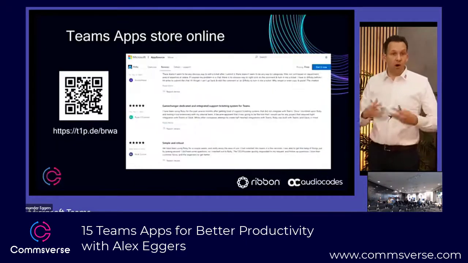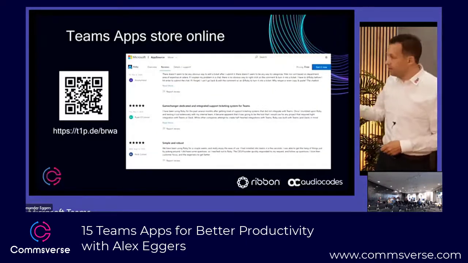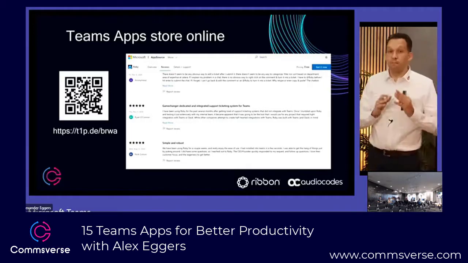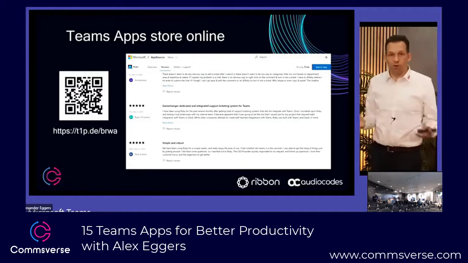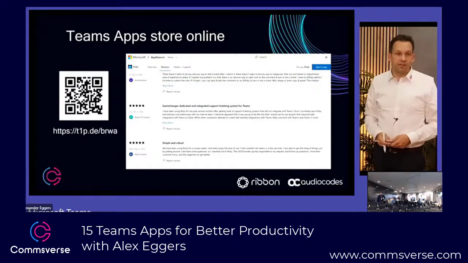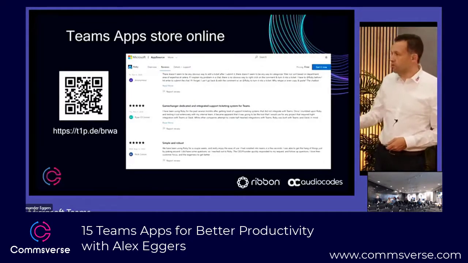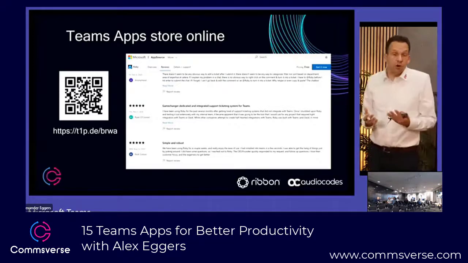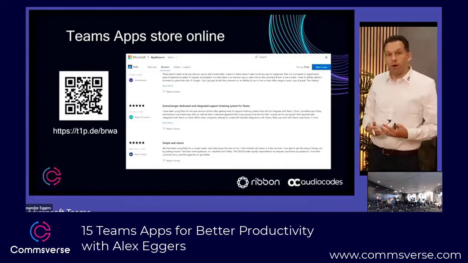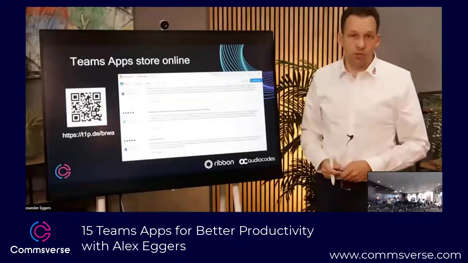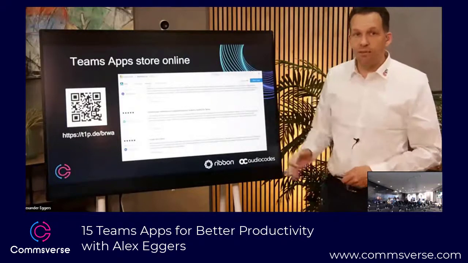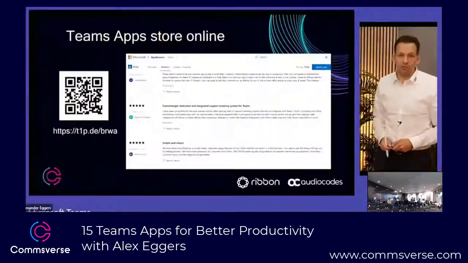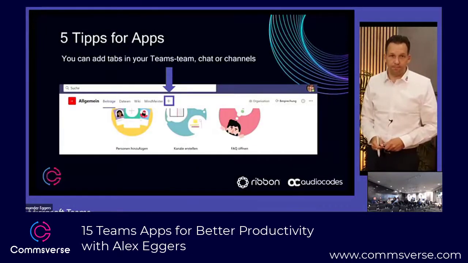I think this is much better than the online store within Teams, because you have no user voices there. And in this Microsoft online store, you can see the user voices, and you also get some more insights of using these apps and what is good and what is bad. So have a look in the Teams App Store online, and you will find more information on this.